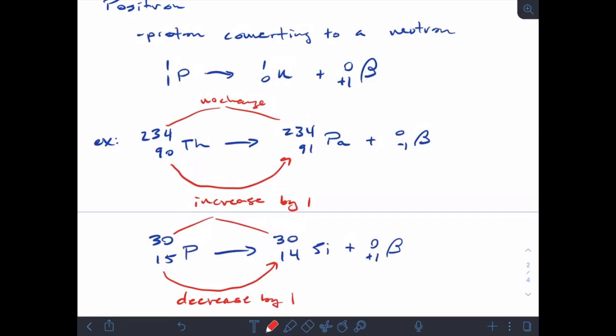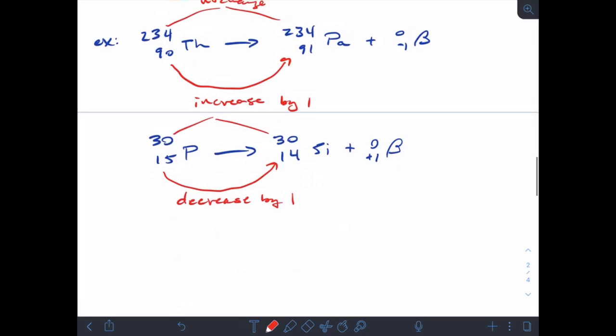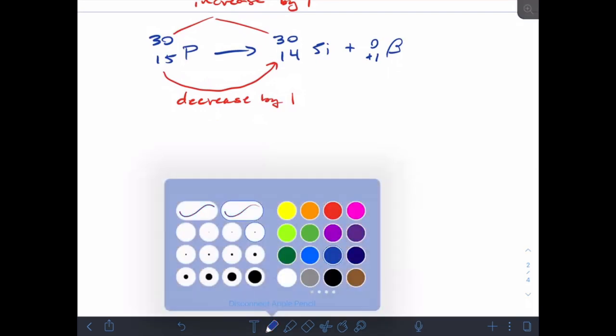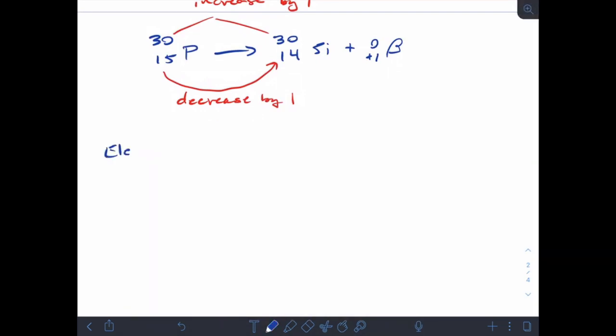So our next type of radiation results in gamma radiation, but the cause of it is something called electron capture. To clarify, beta radiation, either beta emission or positron emission, results from a spontaneous conversion of a neutron to a proton or a proton to a neutron.